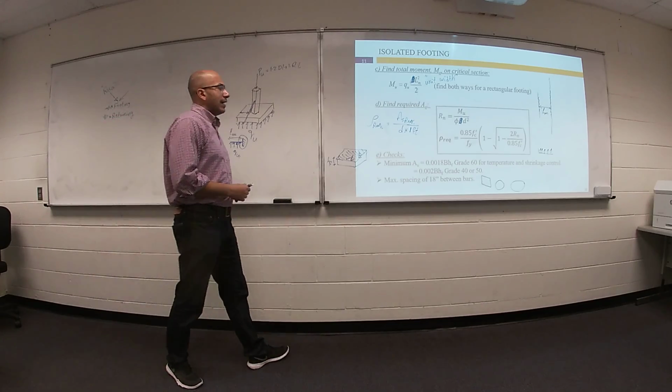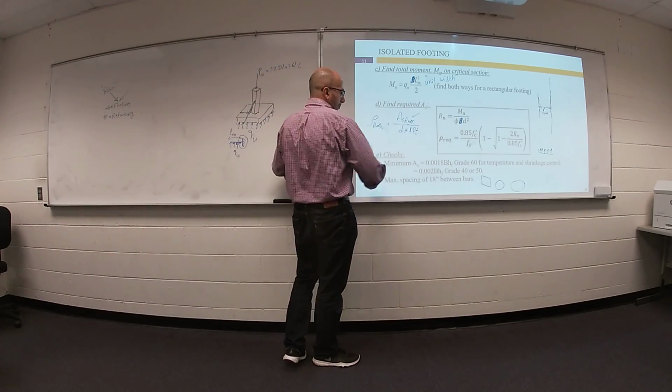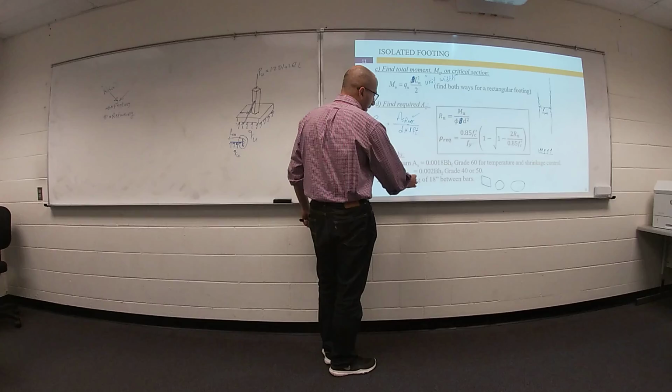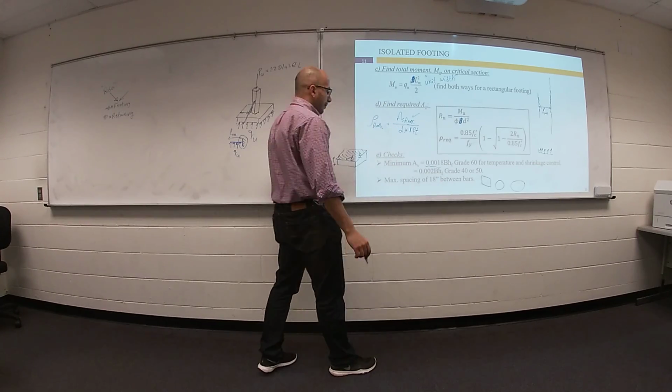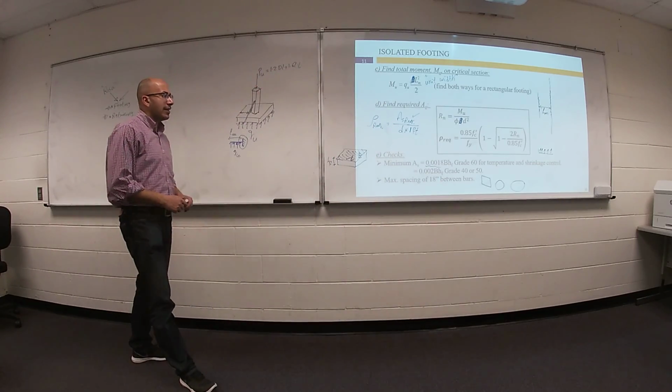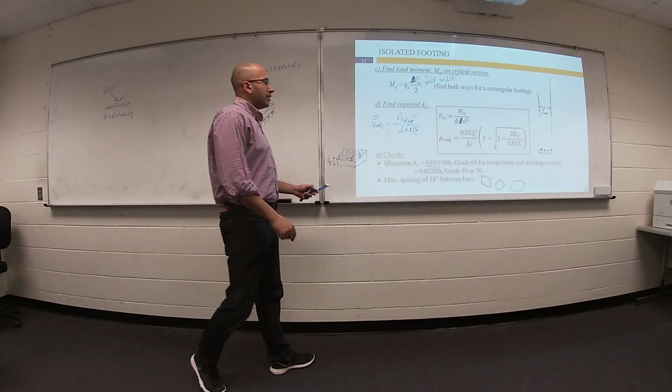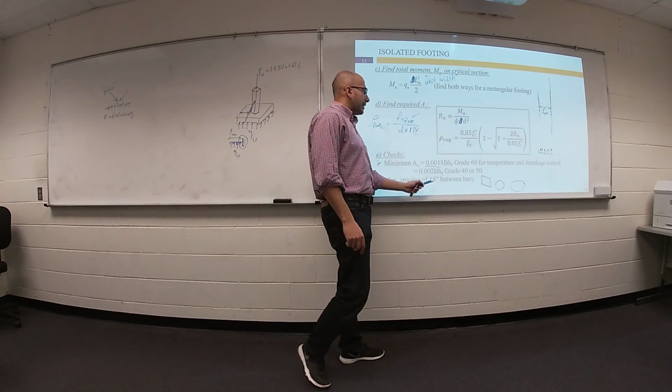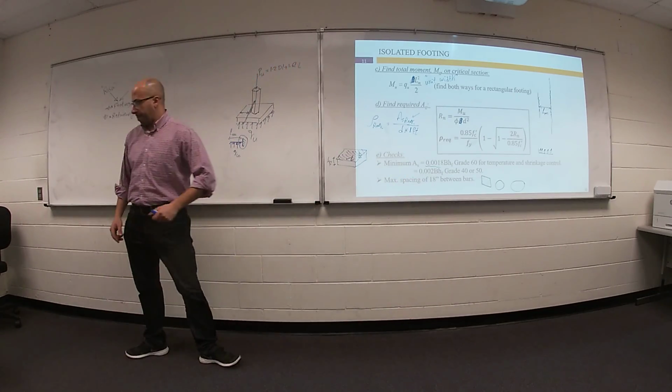Once you get your area of steel required, please check that it is greater than the minimum and smaller than the maximum. Maximum spacing between bars should be 18 inch or less.